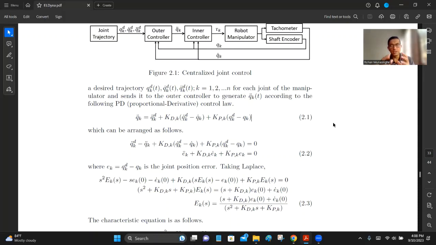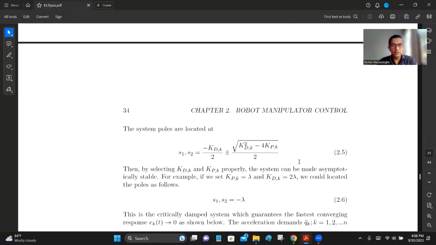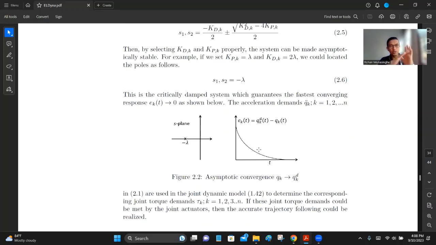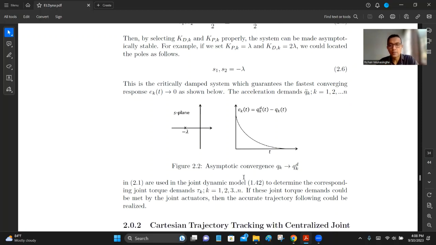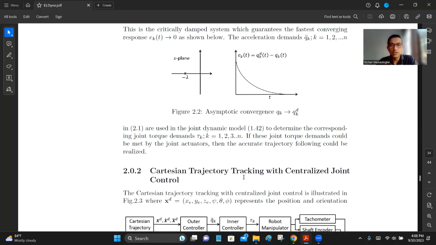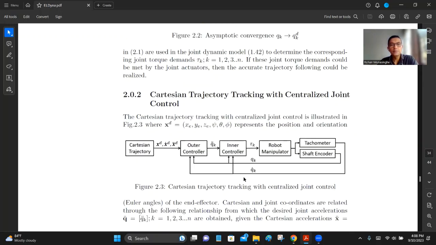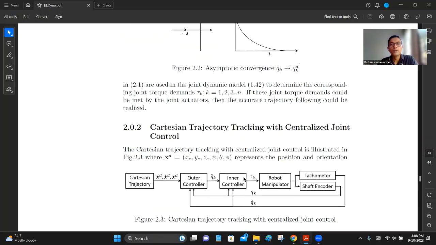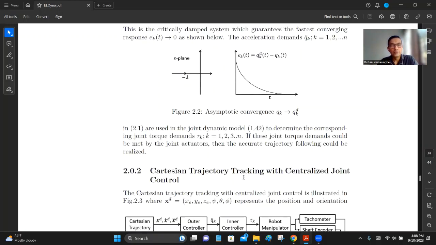And if you get this equation right, you can prove that your controller will drive the error to 0 for all of the joints and in the shortest possible time. So this is exactly what you want as a control engineer. All right. So that's the centralized joint control.